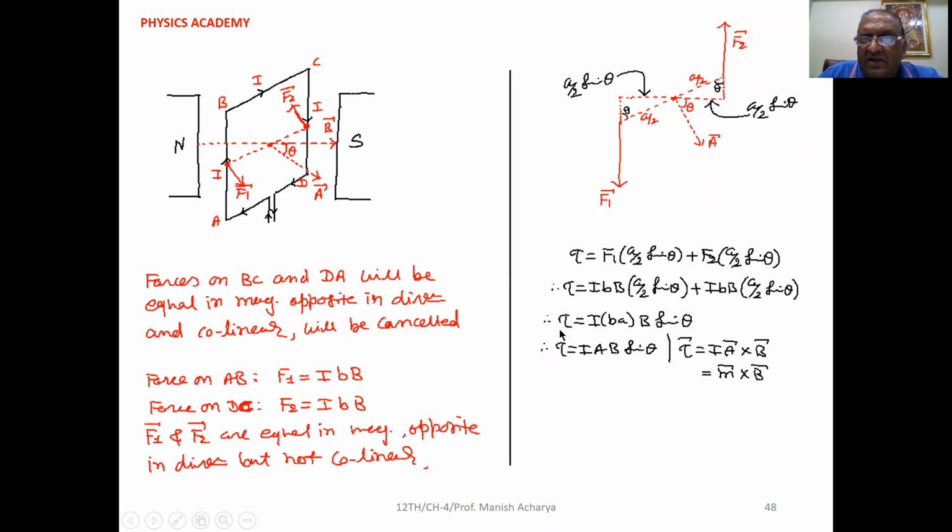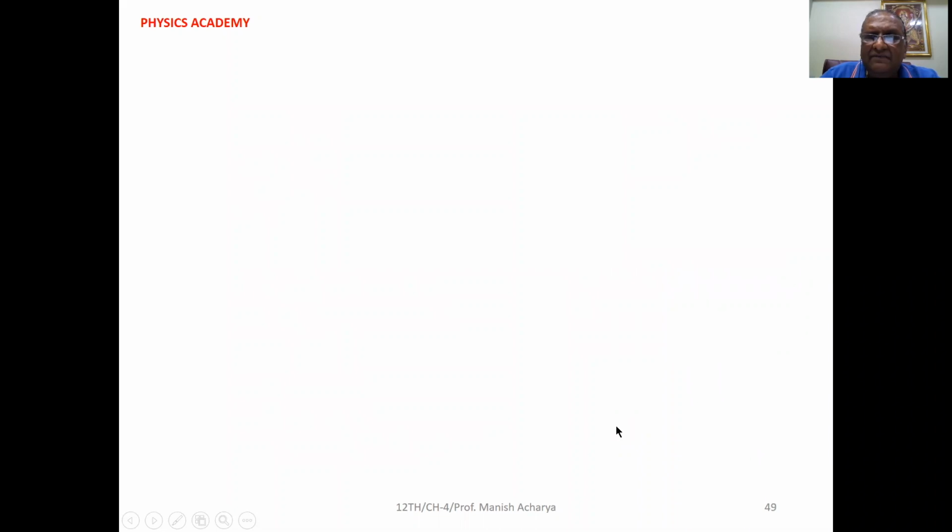So we will get here torque tau is capital I into B sine theta, but b into a is again area. So tau is equal to IAB sine theta. Here again IA is magnetic moment. So we can write torque tau in vector form as IA cross B. IA is magnetic moment, so M cross B. Clear?